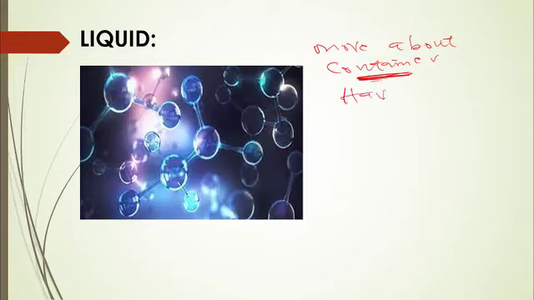Liquids have no shape of their own at all, but they assume the shape of the container. It is the container that gives them shape. So if you pour a liquid inside a cone or a cylinder, it's going to assume the shape of a cone or cylinder. If you pour it into a cube, it's going to assume the shape of a cube.